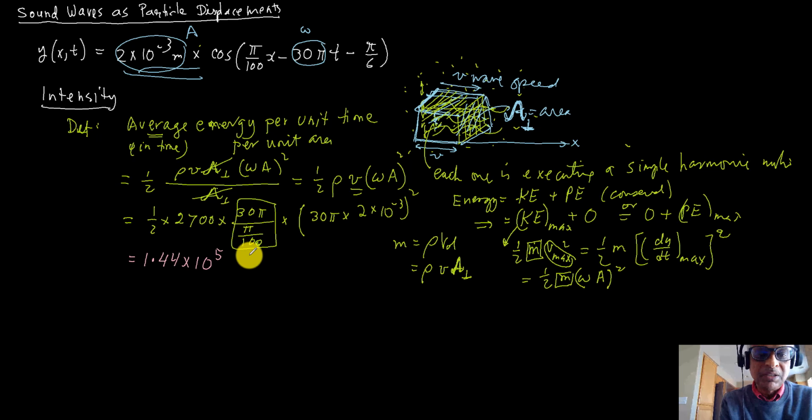The unit is going to be joule per second per meter squared, or you might call it watt per meter squared. So that's the intensity.